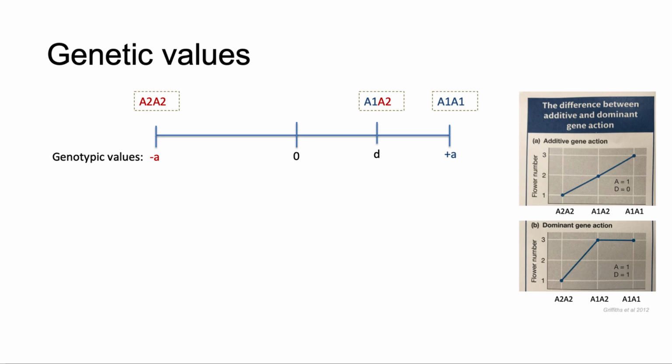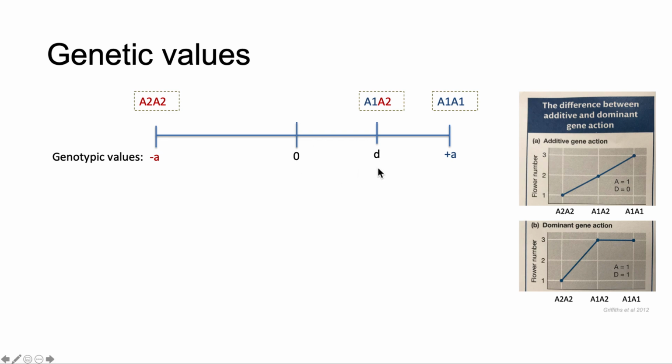Now I want to introduce two new concepts, the a and the d. Basically, a represents the additive effect of the genes, and here I'm just going to talk about a single gene or locus.